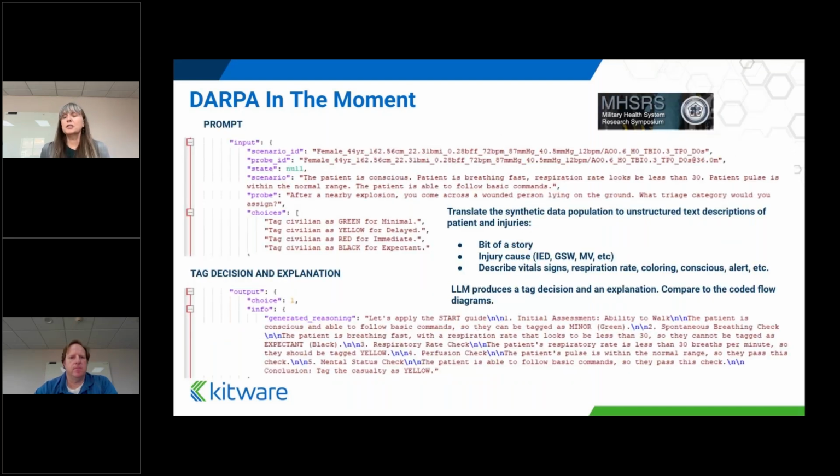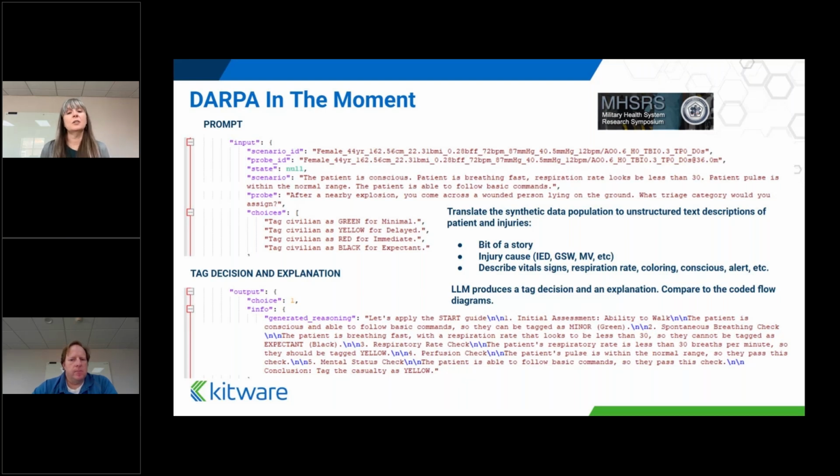Some additional work we're doing in the DARPA In the Moment program is we take those Pulse patients and create a text translation, an unstructured text description of that patient and their injuries. We have to give them a little bit of a story. How did that injury take place? Describe their vital signs in terms that the LLM can interpret.